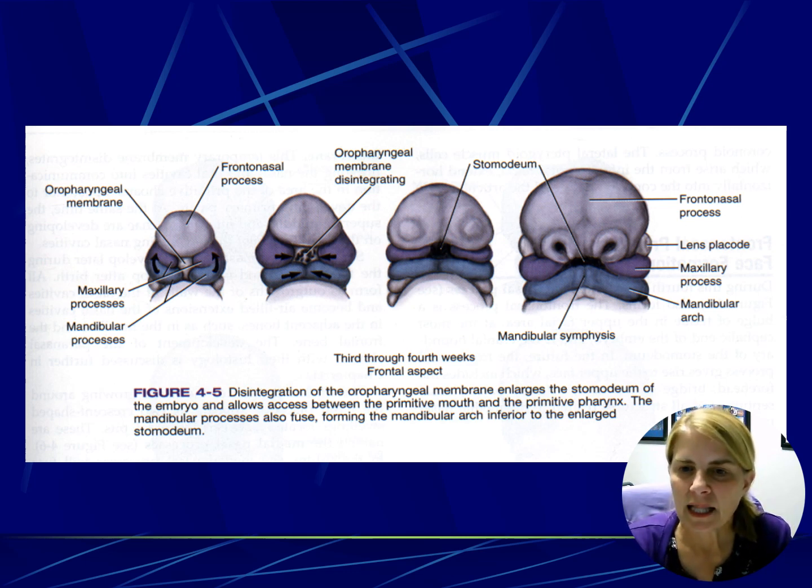You can see in this last picture that the maxillary process bulges have started to form and are going towards the center. They're going to meet kind of at that labial commissure area. So you can see even in just the short time period, there's a lot of morphogenesis happening.